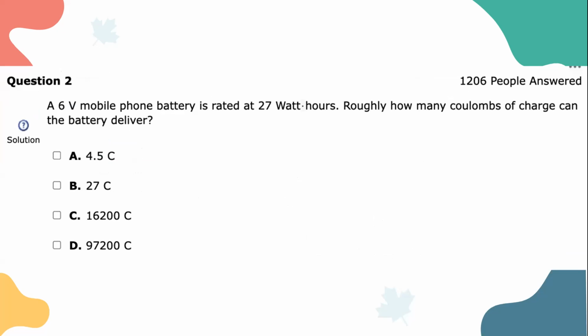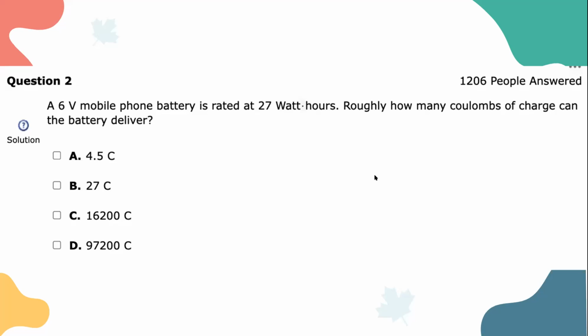What did you guys get for question 2? Okay, yeah, so first we have the voltage given and the power, and we want to find the coulombs of charge. So we do use the P is equal to IV equation.